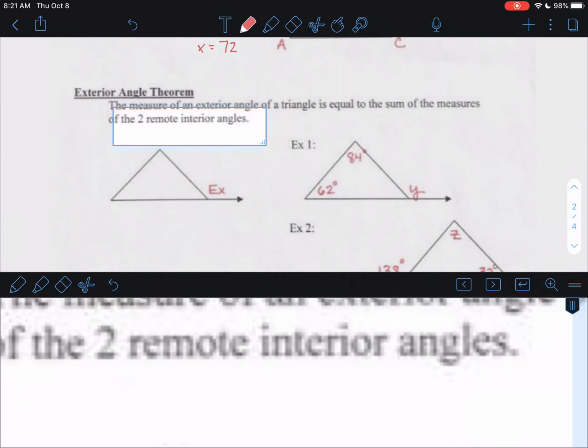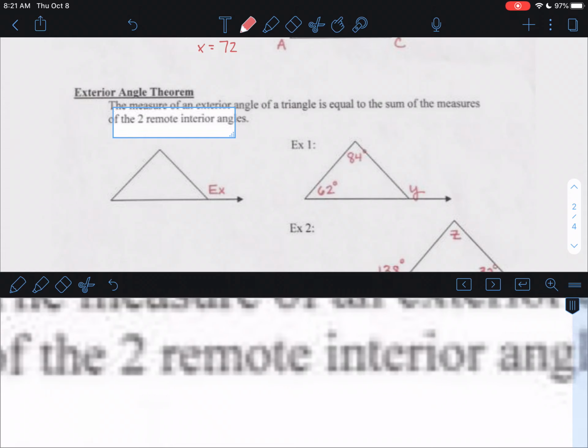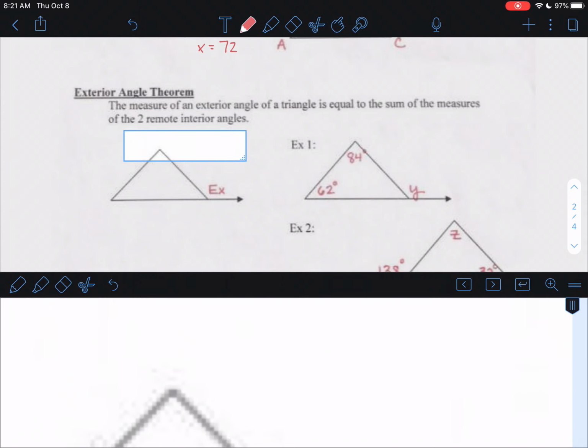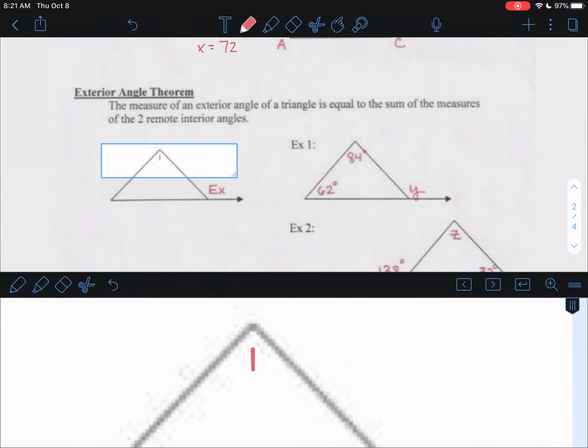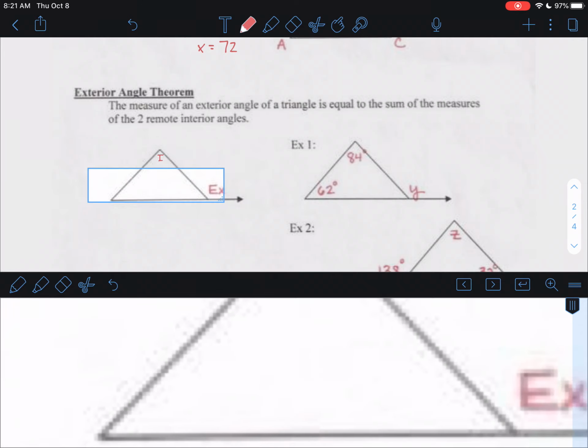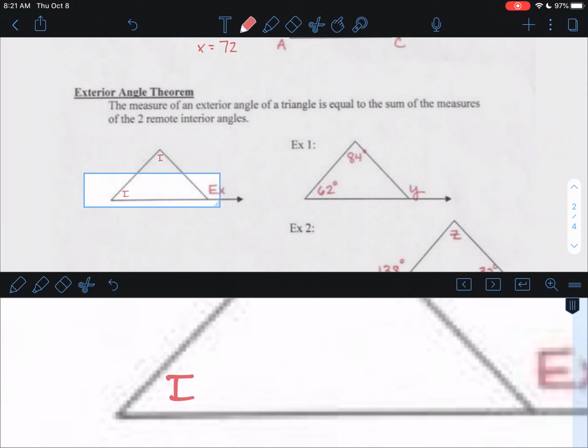So the remote interior angles, let's think about that. Remote, so think of a remote control. It means you're away from the TV or whatever it is you're controlling. So the remote interior angles are going to be the ones that are away from the exterior angle. So there's an interior angle, there's an interior angle, and there's an interior angle.